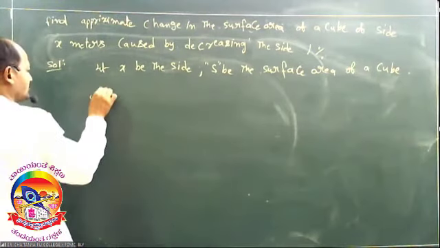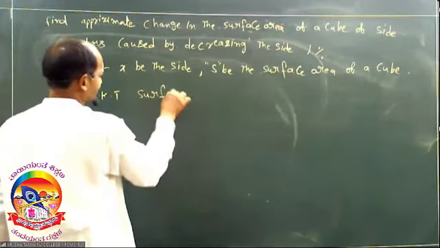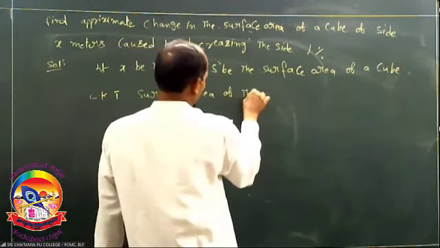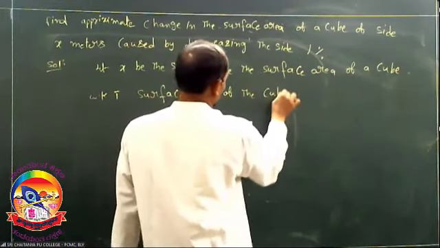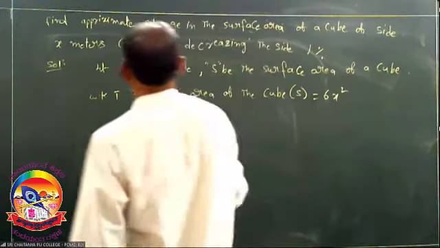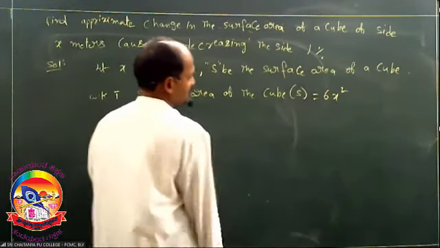We know that the surface area of the cube, S, is equal to 6x².